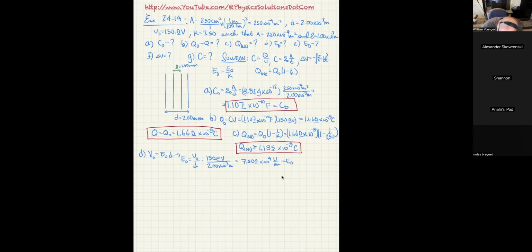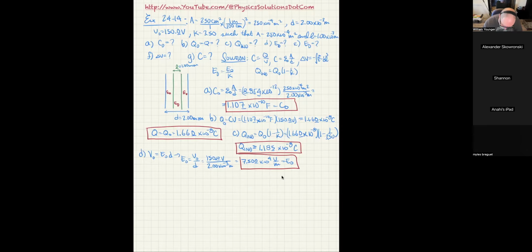That's the electric field that would exist before we ever put the dielectric in, but after the dielectric was in, it would also be the electric field between the plates and the dielectric, whereas ED would be inside the dielectric, as I just drew there. So that gives us the electric field.